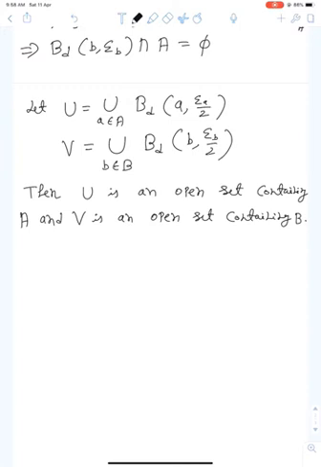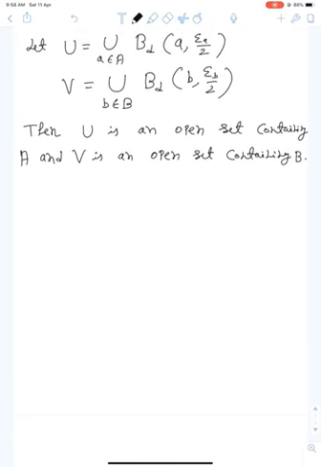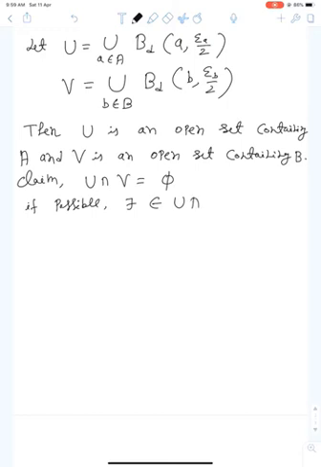Now we need to check only that U intersection V is empty. Now we claim U intersection V is empty. Why is this empty? Now if possible, there is a z that belongs to U intersection V. That means z belongs to U and z belongs to V, right?